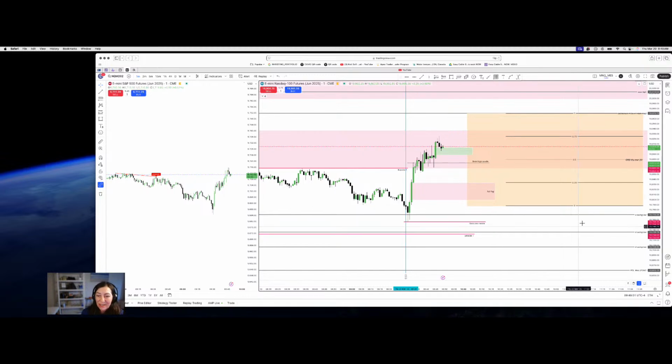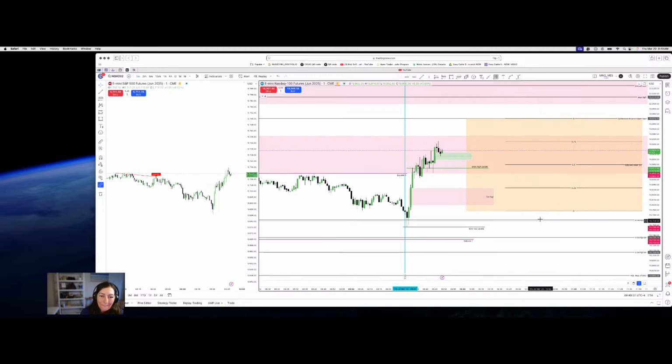Suspicious price action. I think we need to adopt that. Price is respecting this BISI.